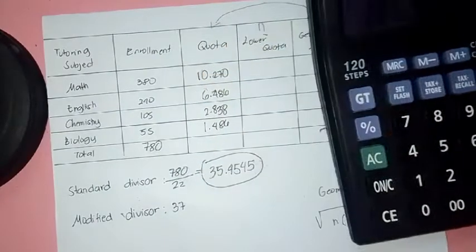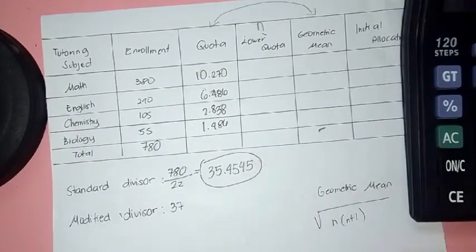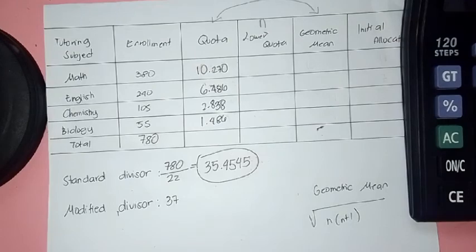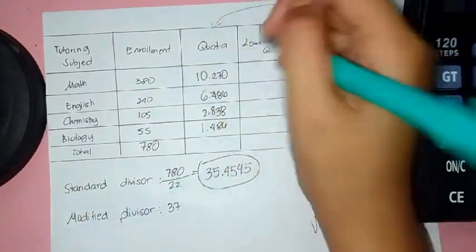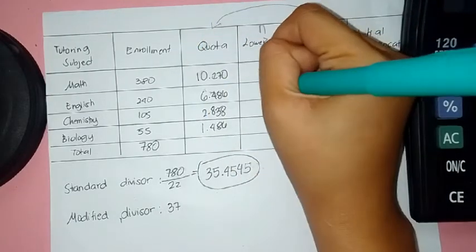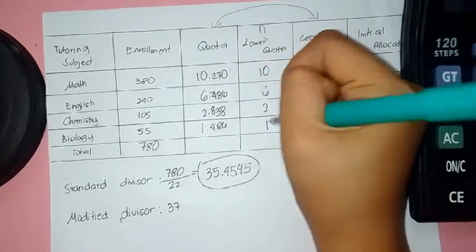For the lower quota, we remove the decimal. So, for lower quota, we have 10, 6, 2, and 1.